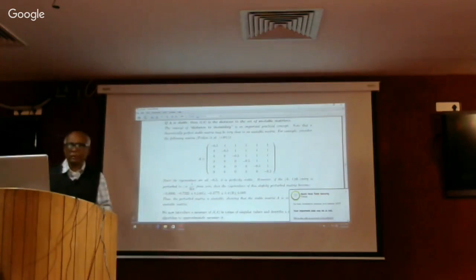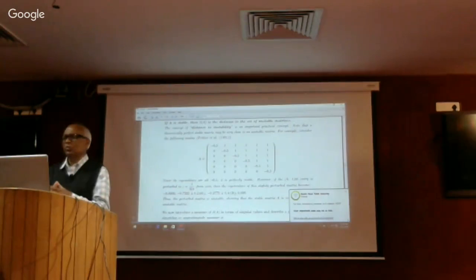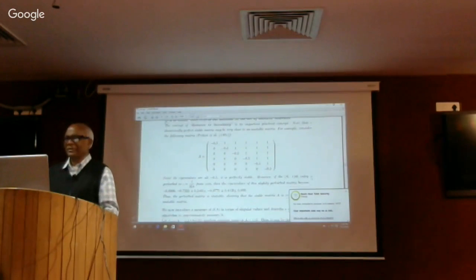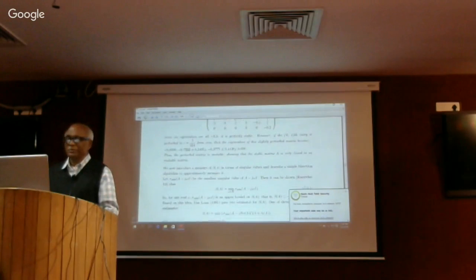So one can talk about the distance to instability. For a stable system that is close to an unstable system, what sort of perturbation is needed to make the stable system unstable? And again, as you can see, the singular values will give you the answers. That's why I said singular values are so important.